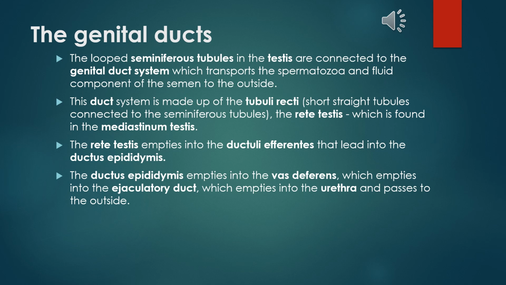Then this empties into the efferent ductules or ductuli efferentes. Then it is leading into the duct of epididymis or the ductus epididymis. Then this ductus epididymis empties into the vas deferens, which empties into the ejaculatory duct, which empties into the urethra and passes to outside.